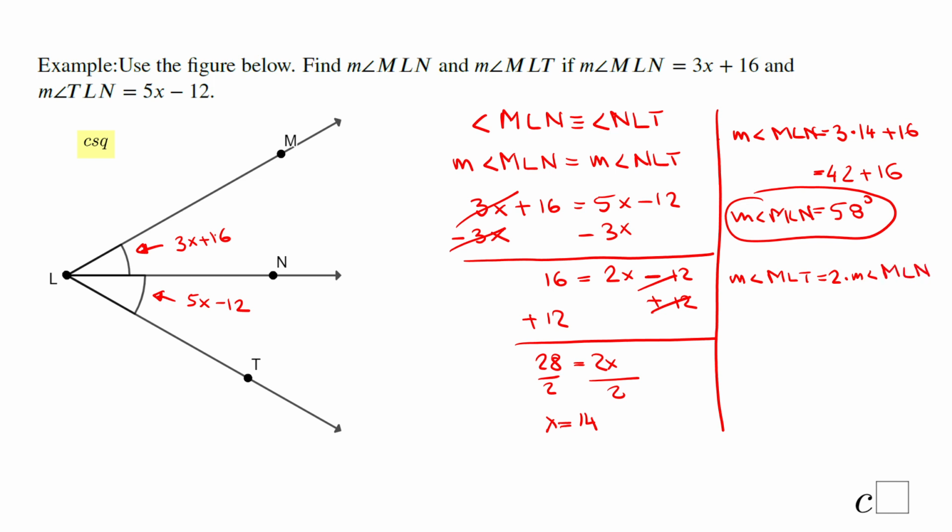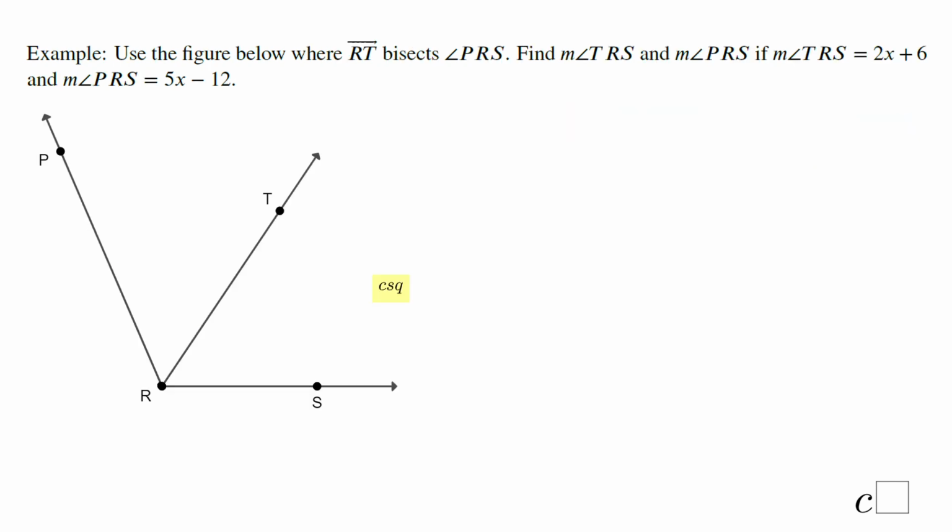The big angle is twice each of these small angles, so that will be 2 times 58, and that will be 116 degrees. The measure of angle MLT. Again, very important to read the problem carefully. And let's move to my last problem in this lesson.